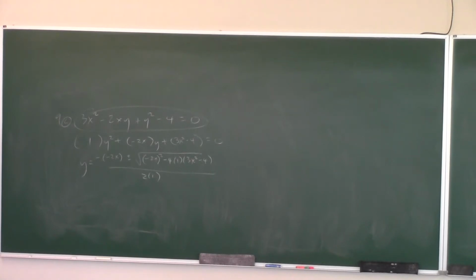3 times x squared minus 2 times x times y. Where's y? Alpha 1.